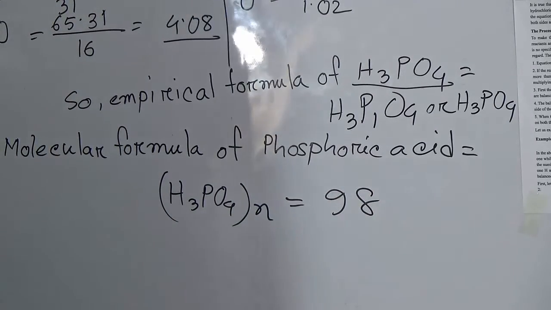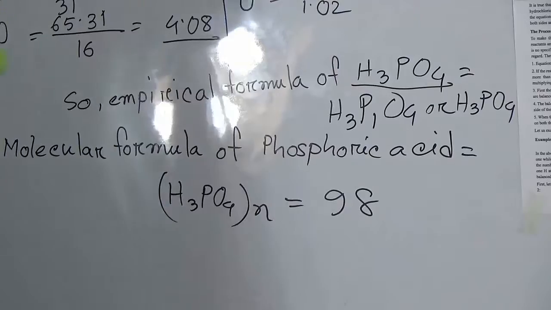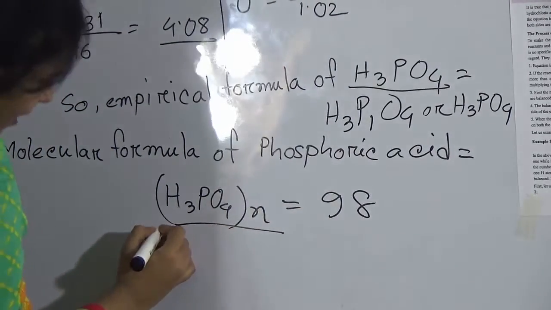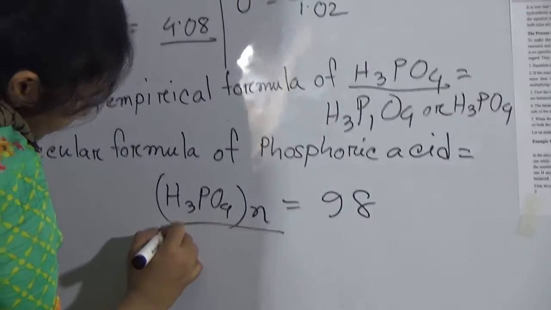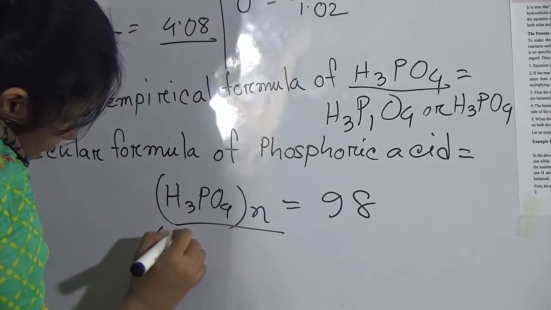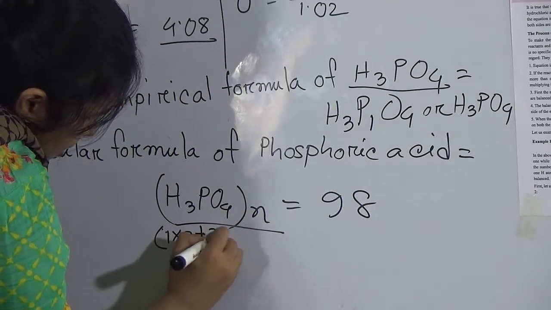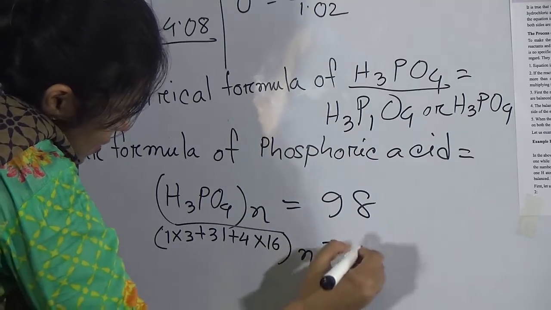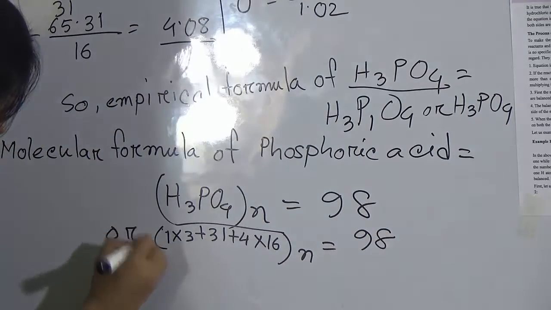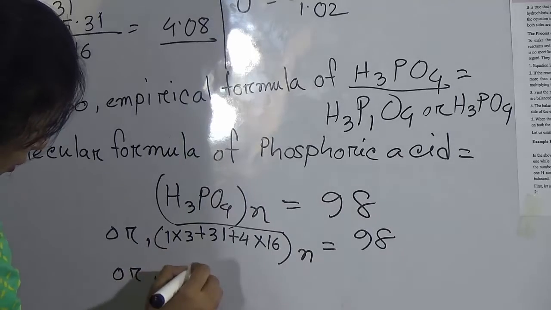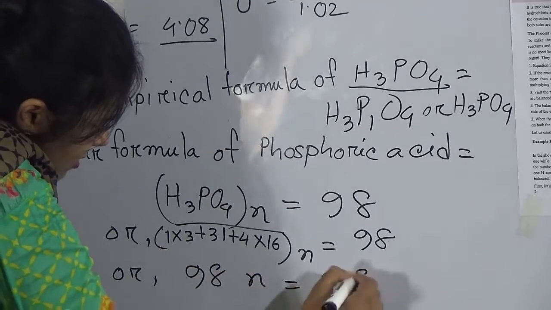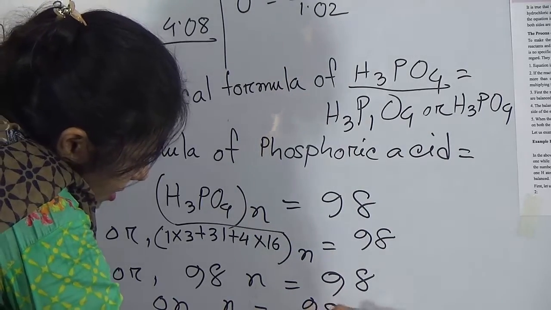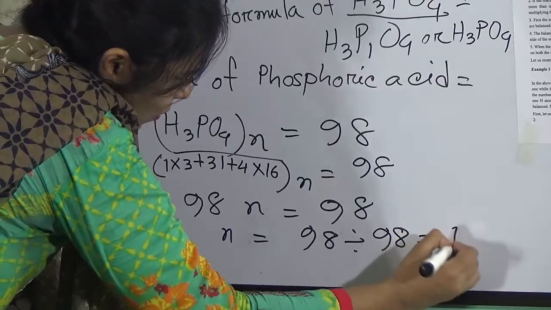We know the phosphoric acid's molecular mass is 98. So this portion is equal to 98. Now we have to find the empirical formula mass, that is 1 multiplied by 3 plus 31 plus 4 multiplied by 16, times N is equal to 98, or 98 N is equal to 98, or N is equal to 98 divided by 98 equal to 1.